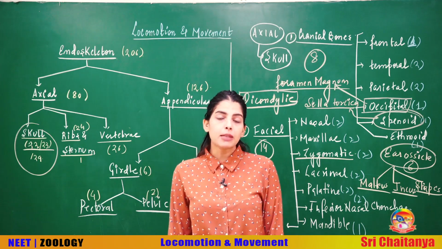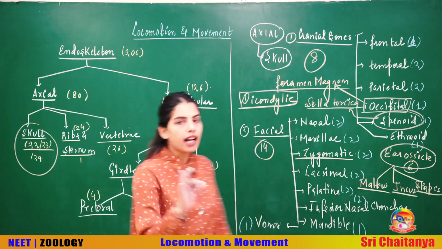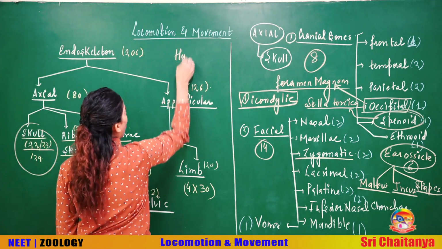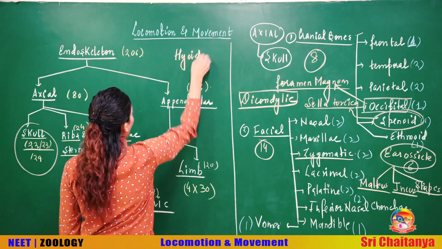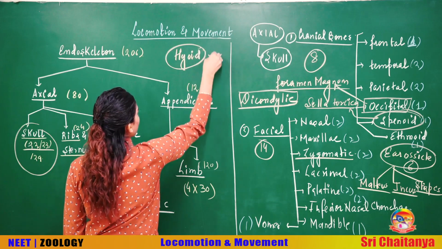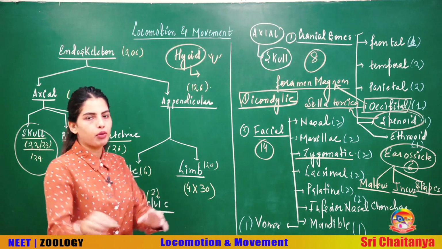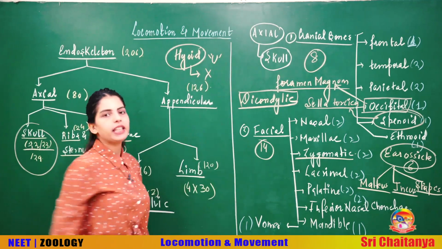Talking about the last bone of your skull, that is a U-shaped bone, the hyoid bone. Hyoid is a single U-shaped bone which does not articulate with any other bone.